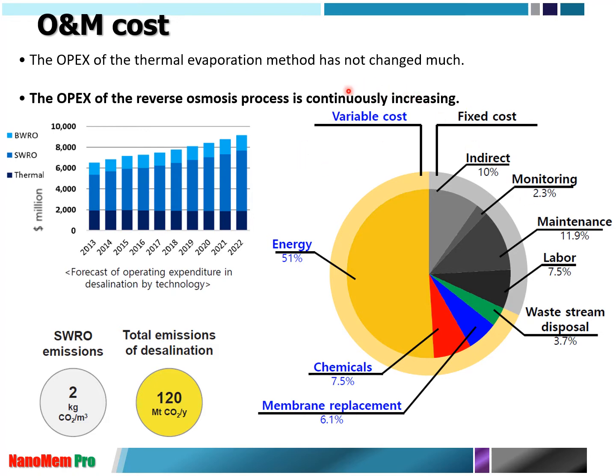And then variable cost includes energy, chemicals, membrane replacement, waste stream disposal, which are almost 70%. The portion required for the variable cost. Among them, the energy cost is the largest, 51%. Therefore, we need the energy efficient desalination.